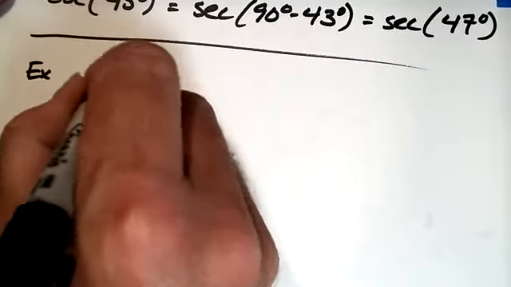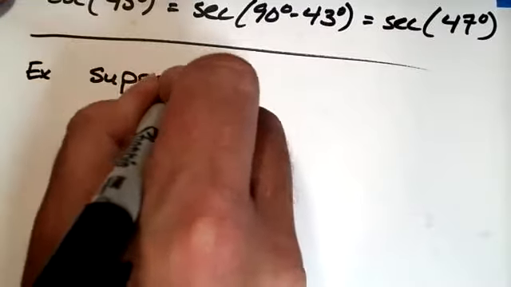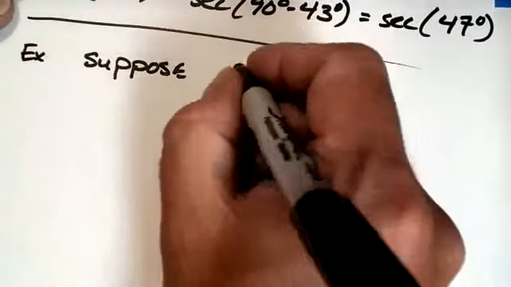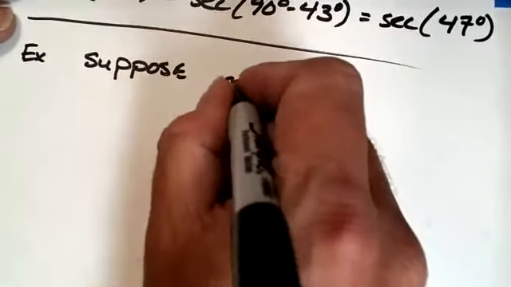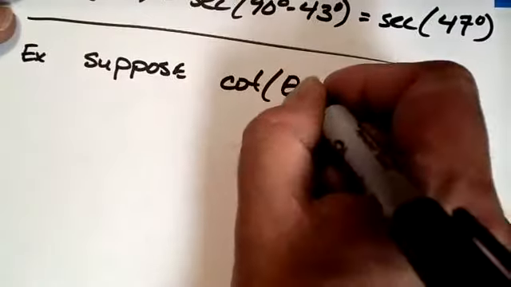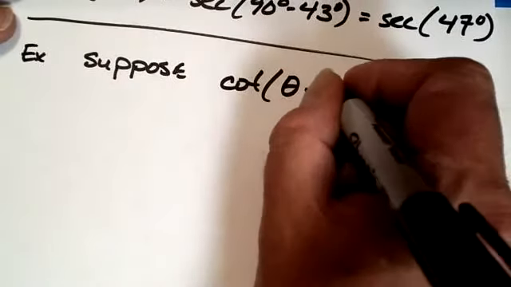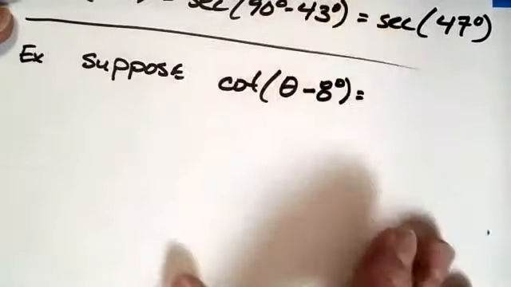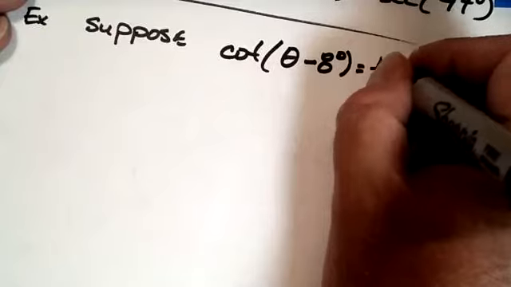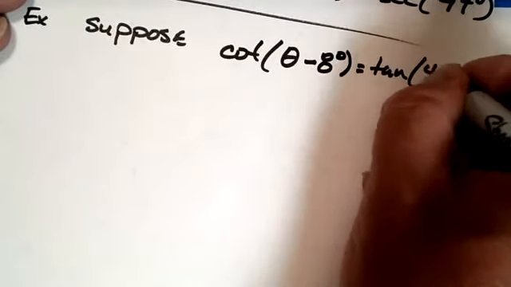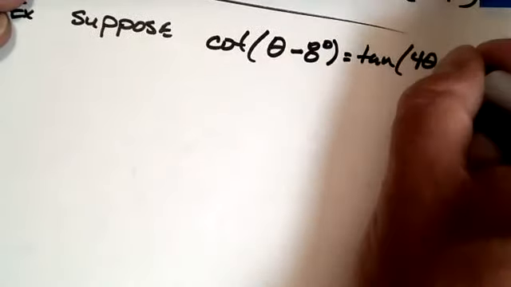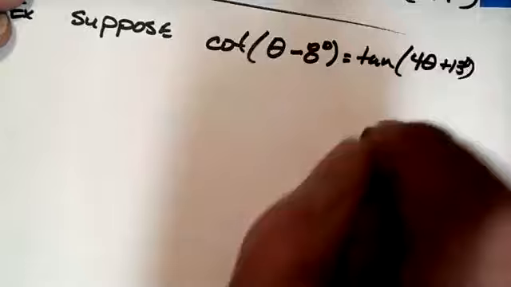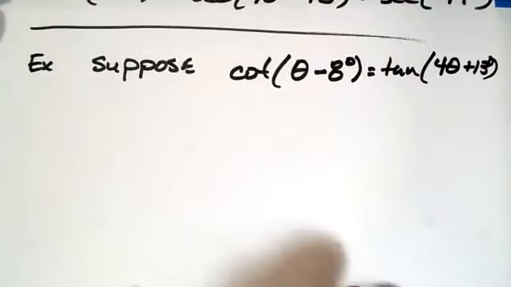So suppose cotangent of theta minus 8 degrees is equal to tangent of 4 theta plus 13 degrees. Oops, kind of ran out of space there.